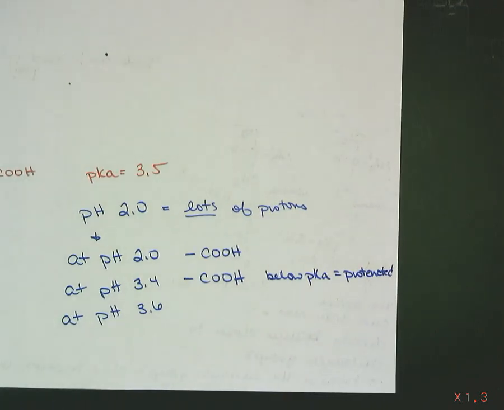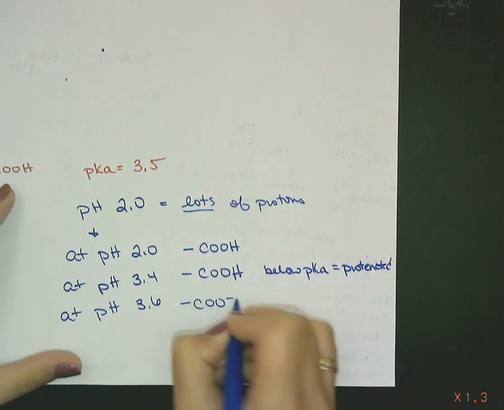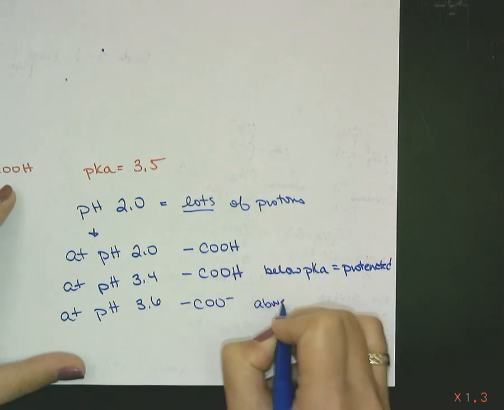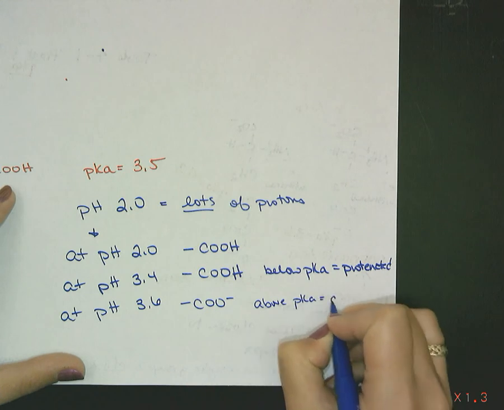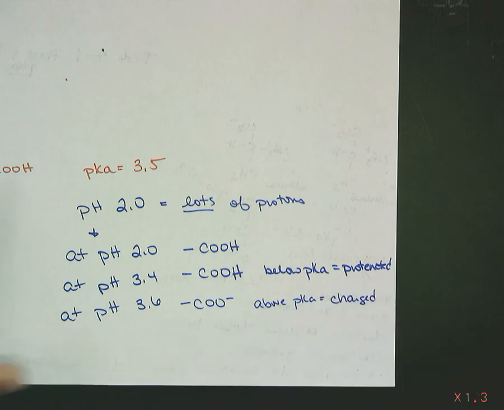So now I'm at pH 3.6. Is it going to be protonated or charged? Charged, or deprotonated, whichever one makes more sense. Deprotonated. So that is the magic tipping point. So pKa's are the tipping point at which it either is always protonated or it's always deprotonated.